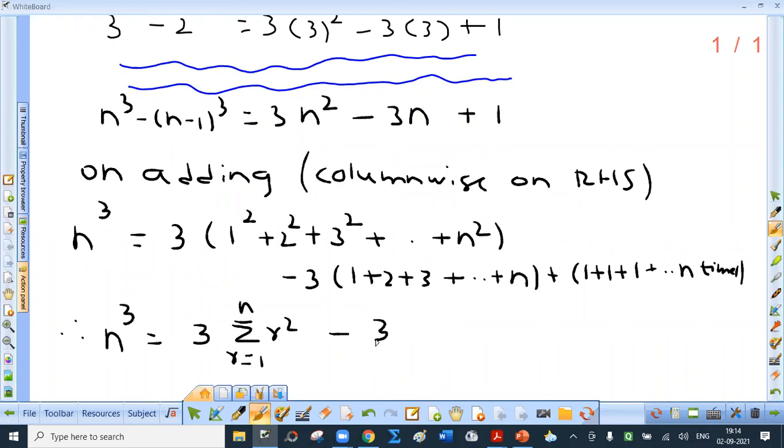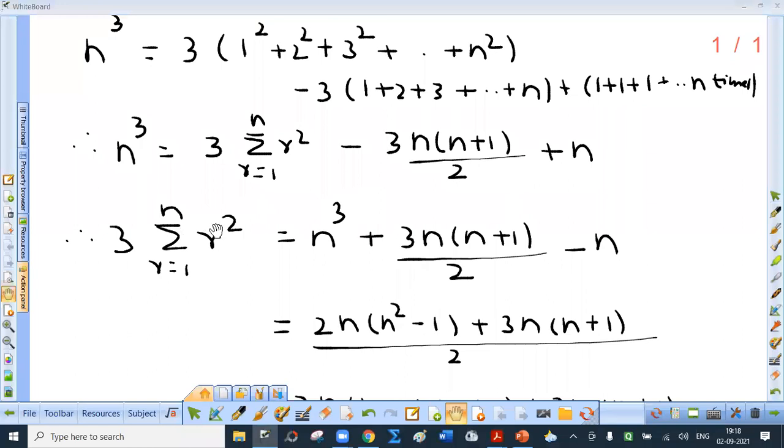But I will not write that. I will directly say, I know what is sigma r. It is n into n plus 1 upon 2. And 1 plus 1 plus 1, how many times? n times is n. That's it. Now you have to solve this equation for what? 3 times sigma r square. And finally divide by 3 to get sigma r square.